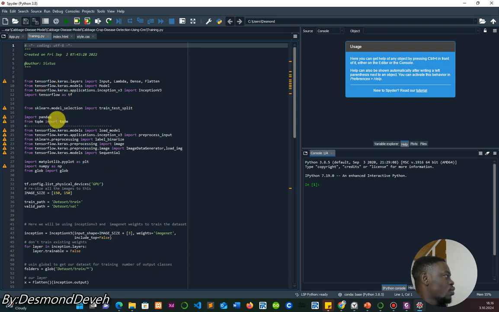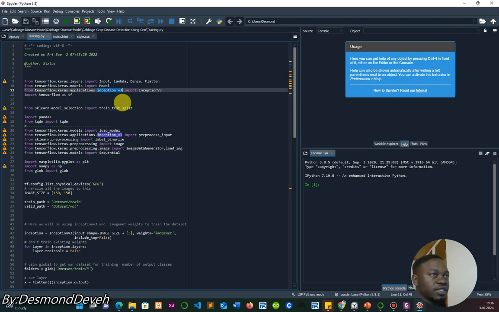In the code, we first have to import TensorFlow, which is from Google, and also Inception V3. This is the main model that really does the detection. This is the model developed by Google, and this model helps in identifying and classifying images. This model is really good in image classification, so it can detect objects in images.